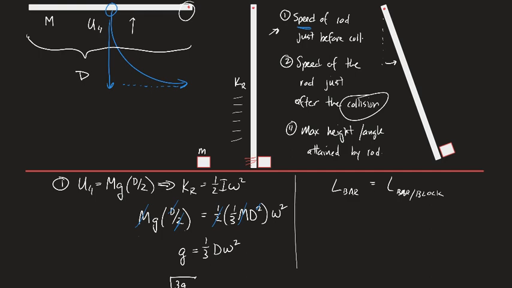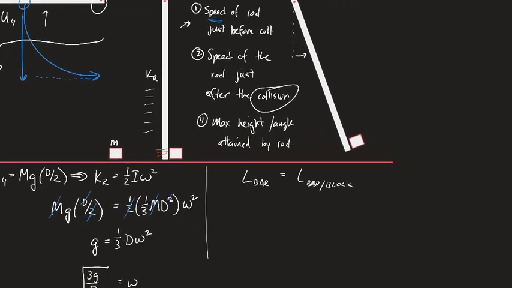You're going to get the same answer in the end. I am going to combine the bar and block into one object with a combined moment of inertia. That's how I intend to do this problem. Does everybody understand that there's a different way, though? If you want to see the other way, I'm happy to show you, but let's do it my way first. I tend to like to join the things together when possible.